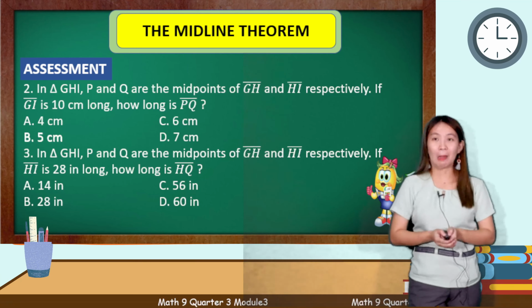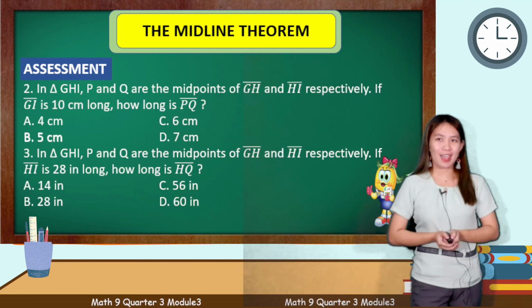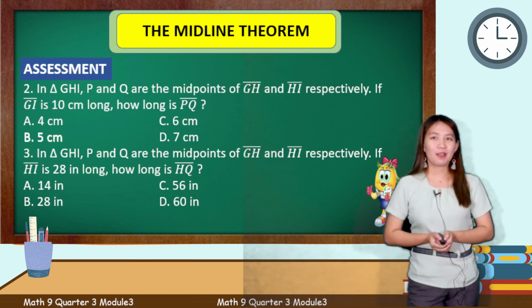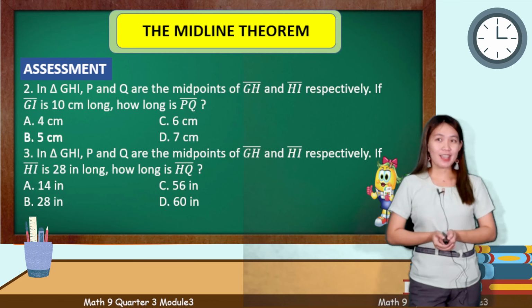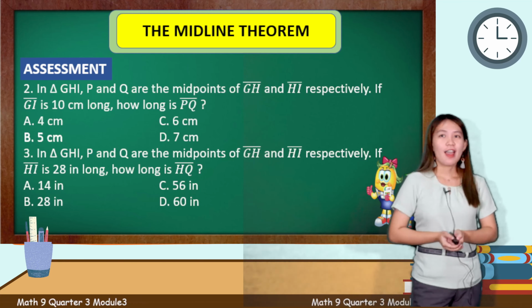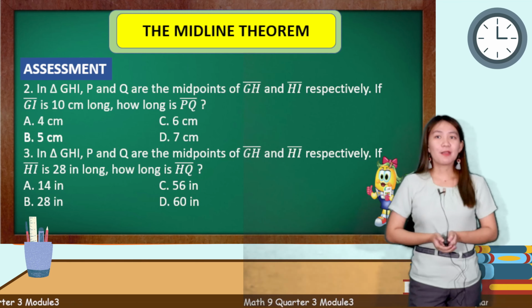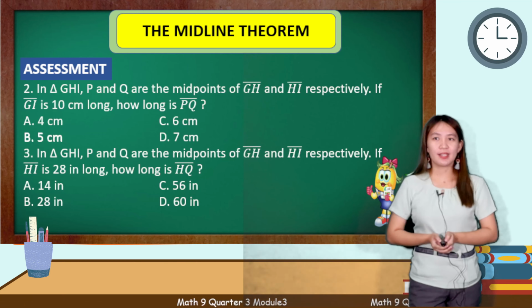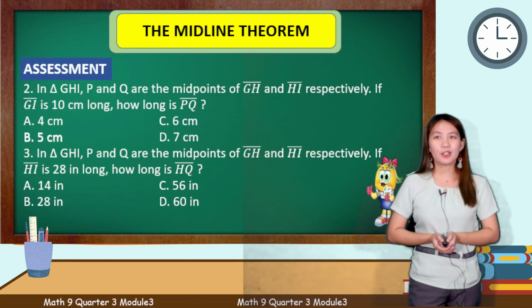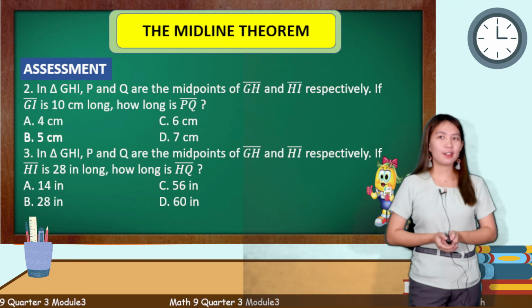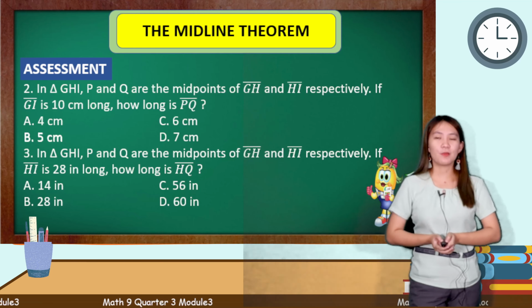In triangle GHI, P and Q are the midpoints of segment GH and HI respectively. If GI is 10 centimeters long, how long is segment PQ? So for the choices, A, 4 centimeters, B, 5 centimeters, C, 6 centimeters, and D, 7 centimeters.